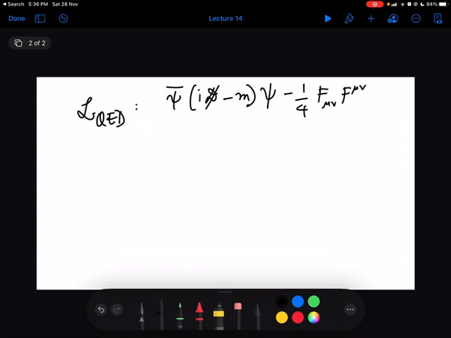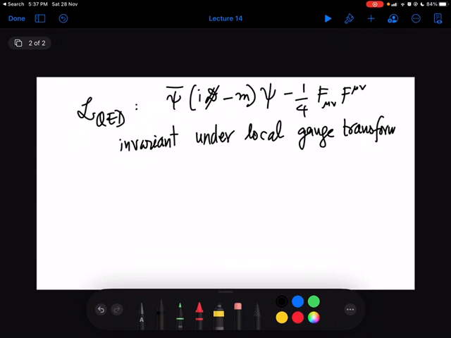Now let's go into this case in a little bit more detail. So this is invariant under a U(1) gauge theory, invariant under local gauge transformations. Now how do I know that? Because I see a covariant derivative instead of a normal derivative.